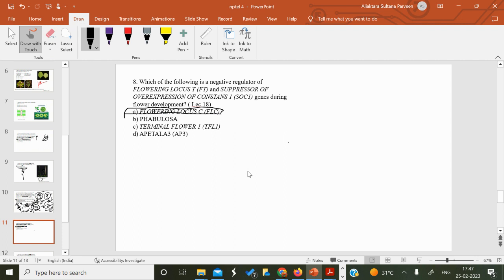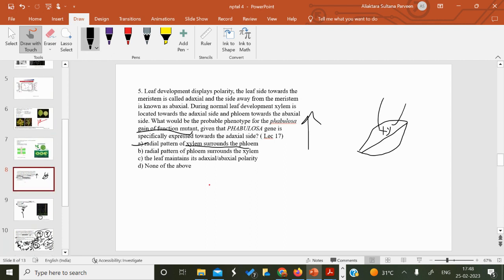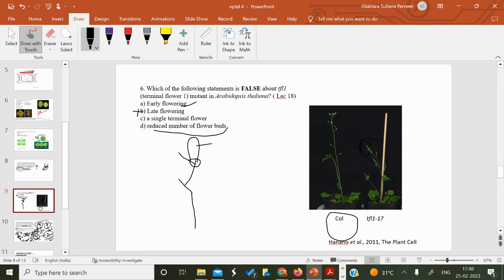So the TFL1, the one which I was talking about, the one in the mutant, was having early flowering. Let me go back to that slide once. So here, if you remember, we saw that TFL1 was showing an early flowering mutant.